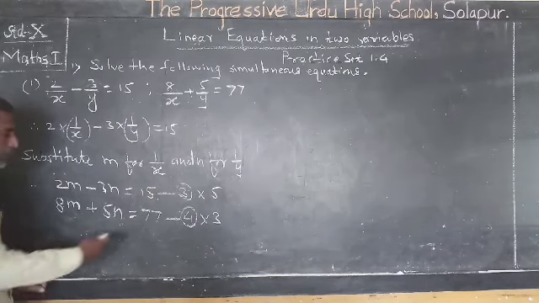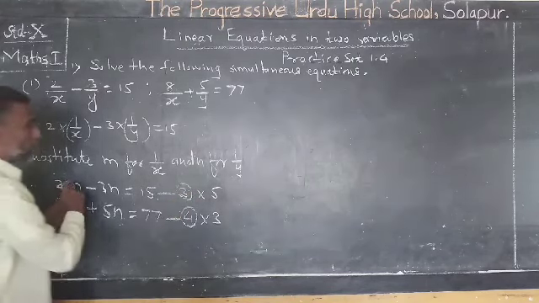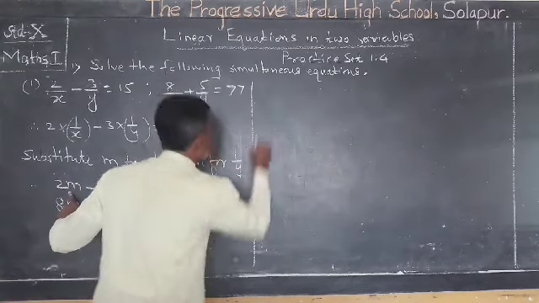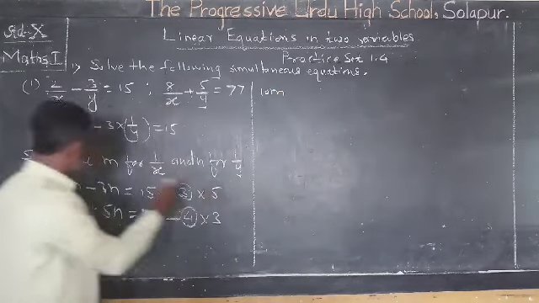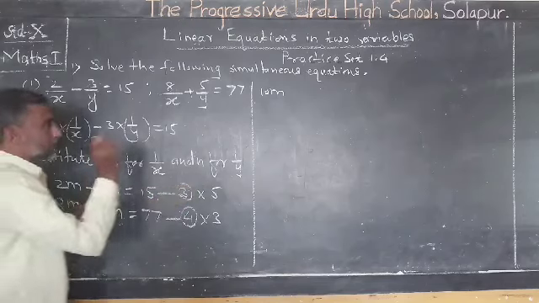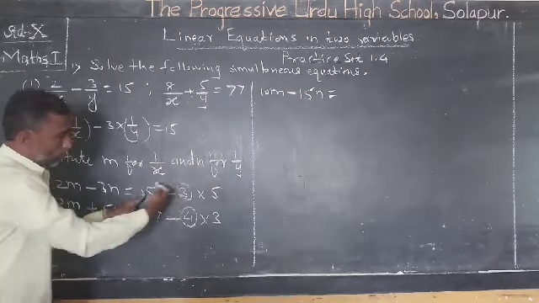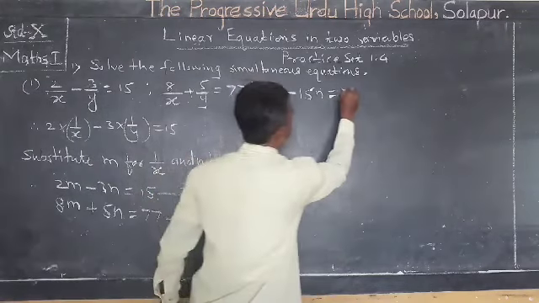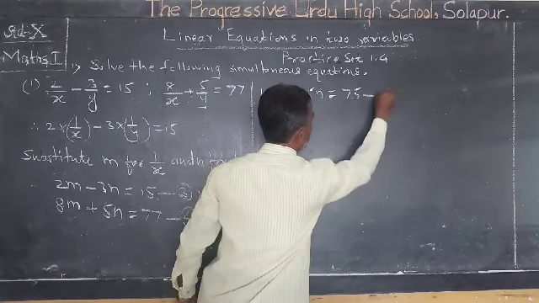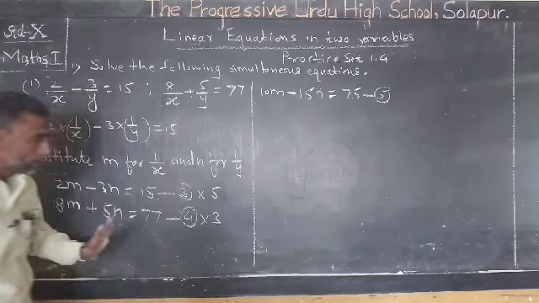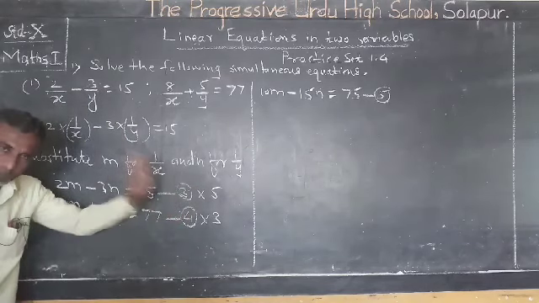Now, I am going to multiply 5 into 2m, 5 2s are 10m, minus 5 3s are 15, minus 15n is equal to 15 5s are 75. This is equation number 5. We have multiplied equation number 3 by 5.